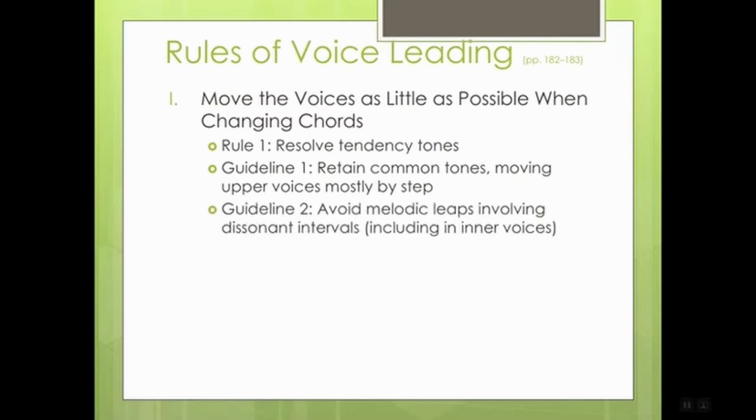Guideline number 2. Avoid melodic leaps involving dissonant intervals, including in inner voices. That's definitely the case in inner voices. If you are going to leap around in the inner voices, you have to make it easy to sing, because tenors and altos have trouble finding their parts, not because they're not good musicians, but because that is a hard thing to do in an inner part.